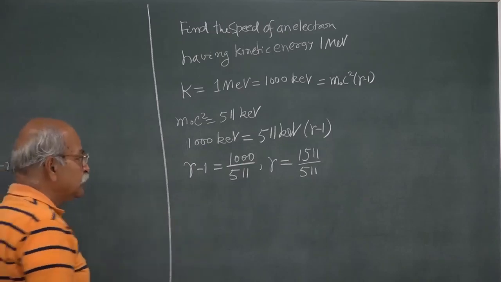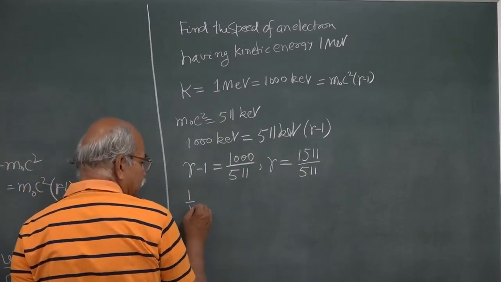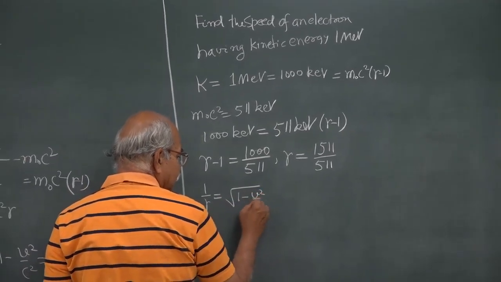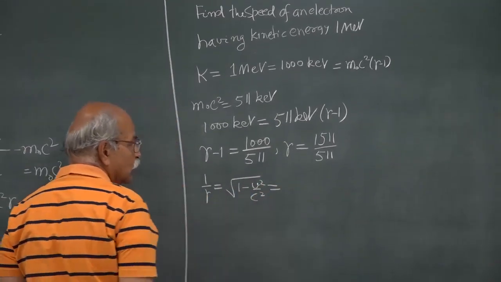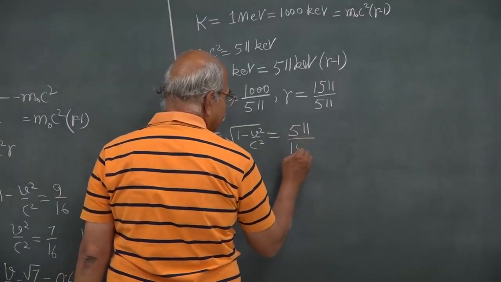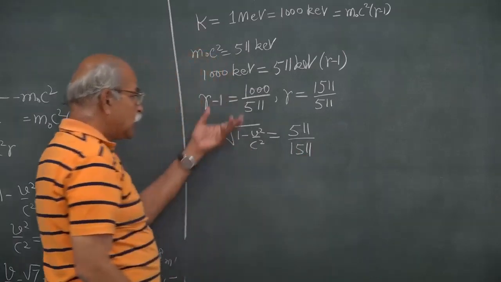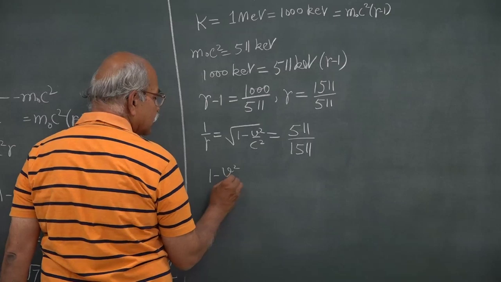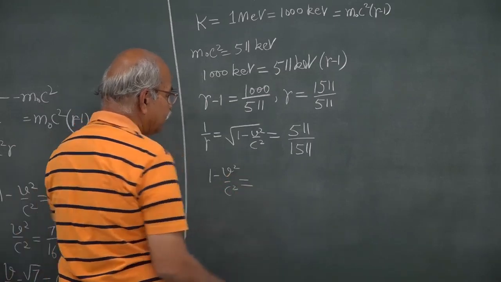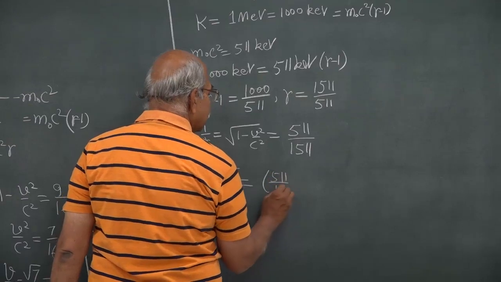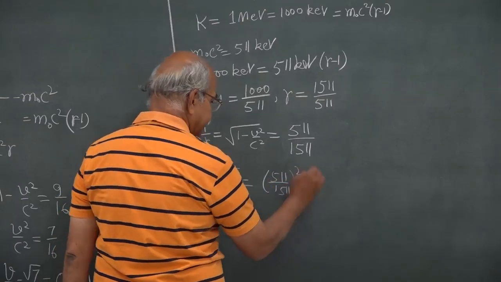And then you can write 1 by gamma, which is square root of 1 minus v square by c square, and that is equal to 511 divided by 1511. So square to get 1 minus v square by c square, that is (511 by 1511) square.